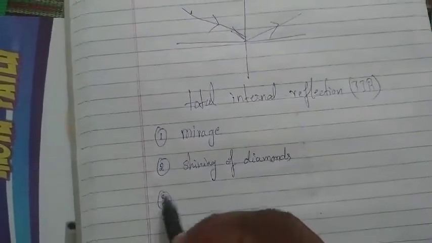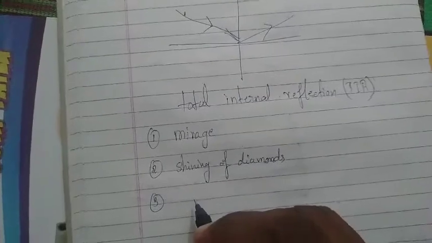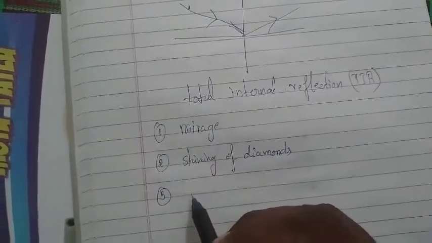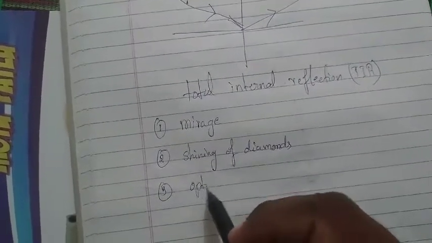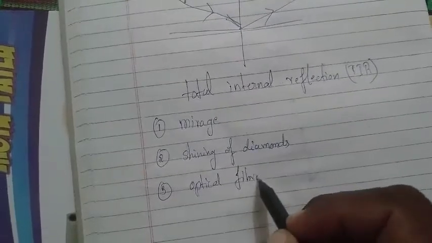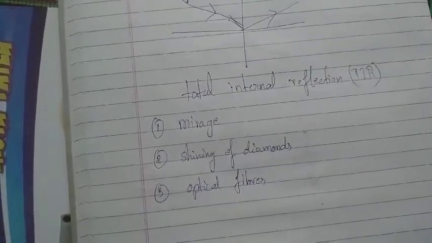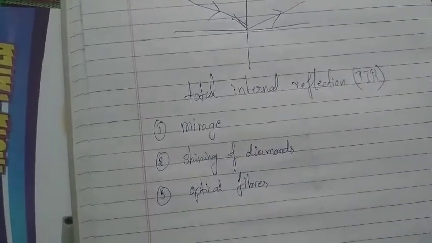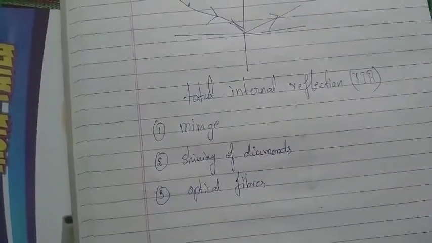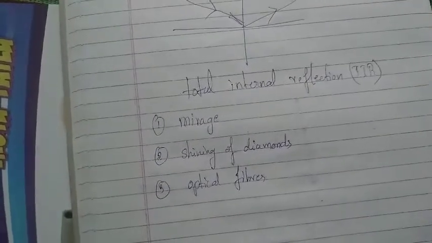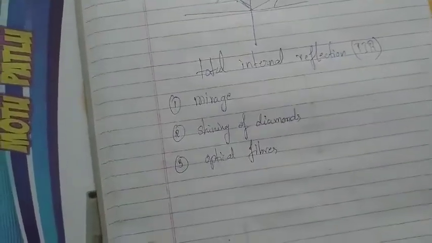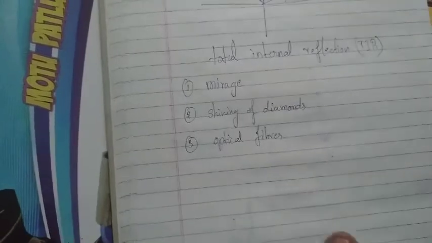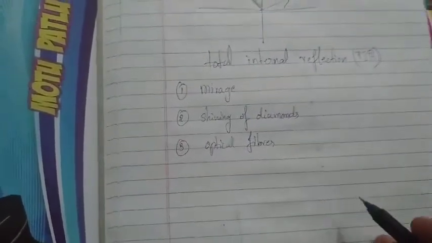Third, optical fibers. These are some examples of total internal reflection. Let us see how this happens. First, mirage. Mirage is an optical illusion.